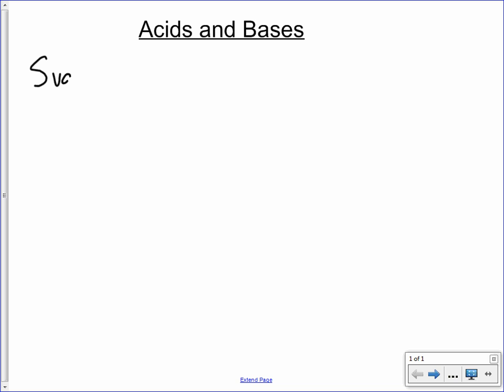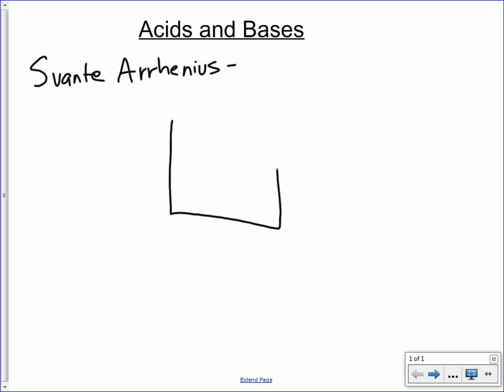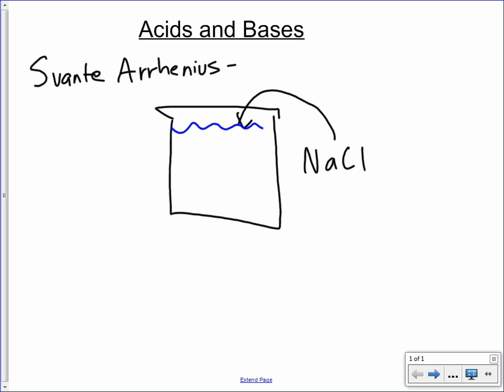So we're going to start back in the late 1800s with a guy named Svante Arrhenius. He's working in the lab, and he makes an observation that if you take a compound, let's say table salt, and you put it in a beaker full of water, it dissolves.